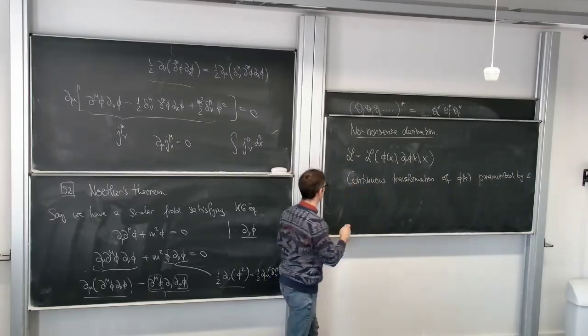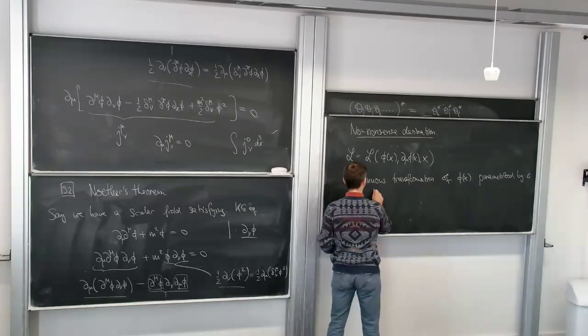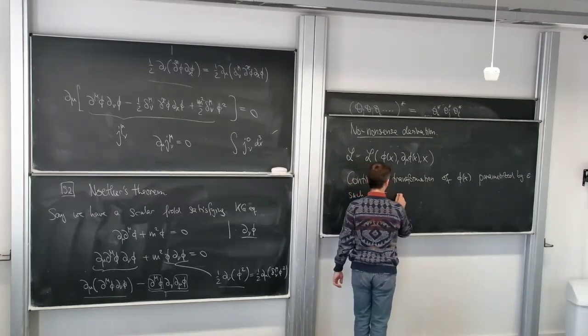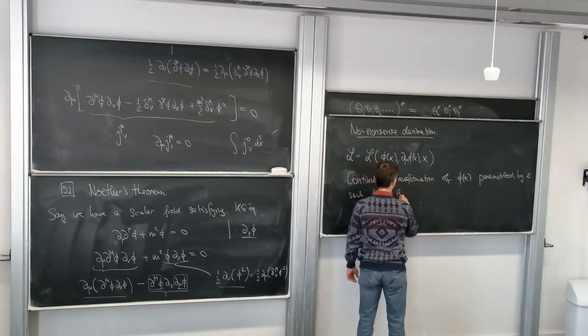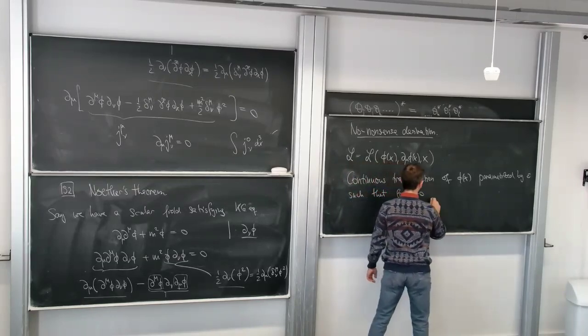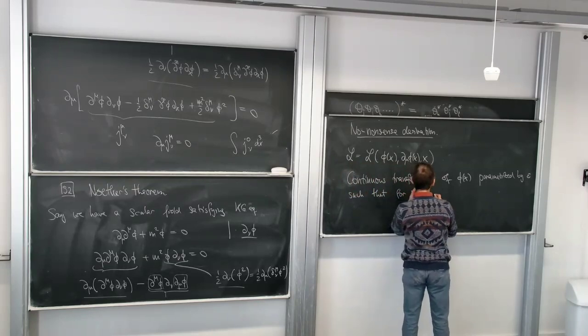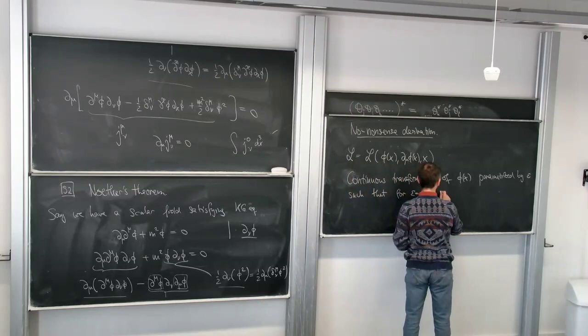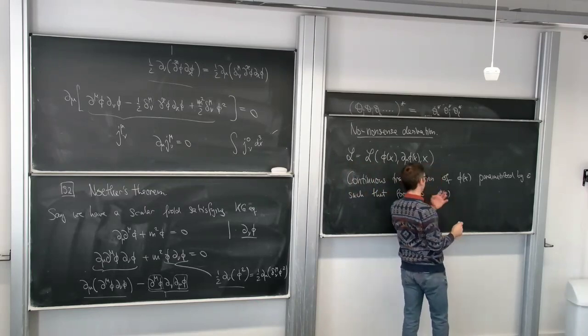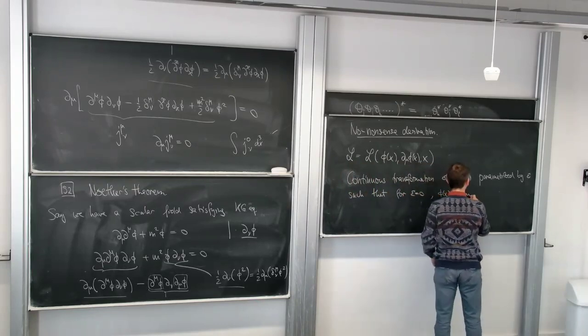You can plug in different epsilons such that for epsilon equals 0, the transformation is the identity.